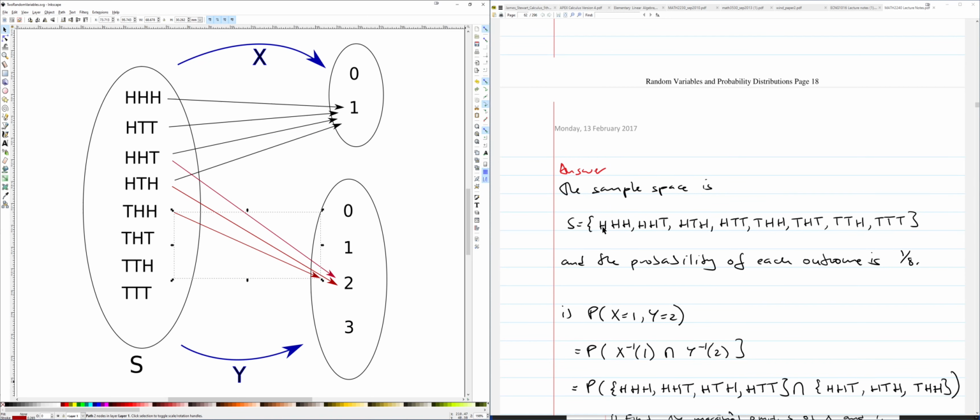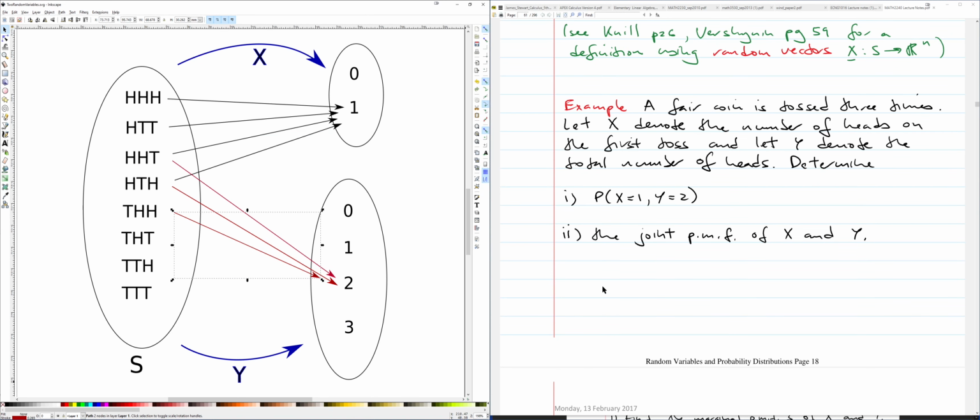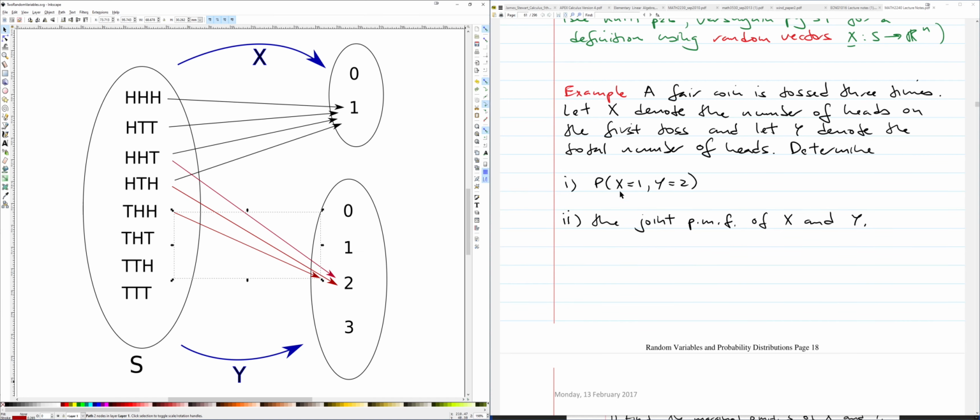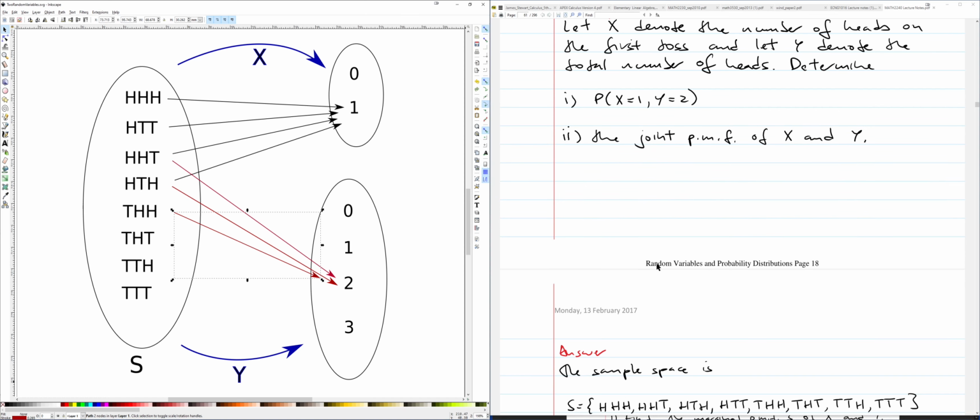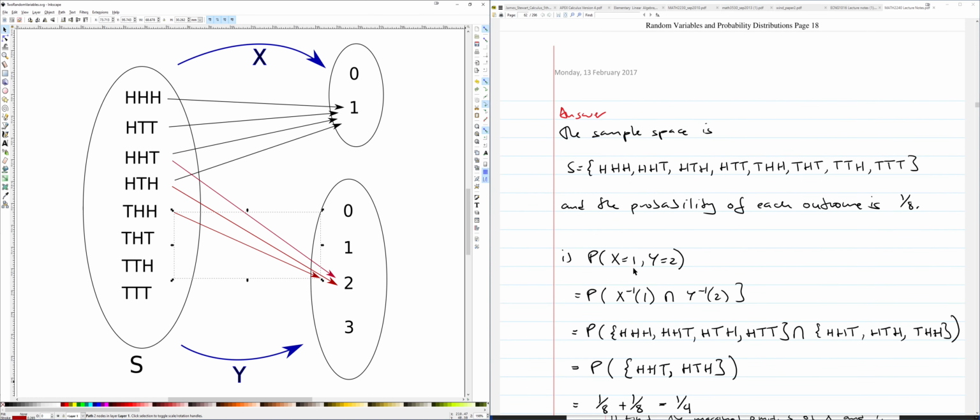Going back to our example where we toss a fair coin twice, we had random variable x as the number of heads on the first toss, and random variable y as the total number of heads. In order to work out the probability x is equal to 1, y is equal to 2, we consider the cases when x is equal to 1, which would be these four cases over here, and then the cases when y is equal to 2, which is these three cases here.